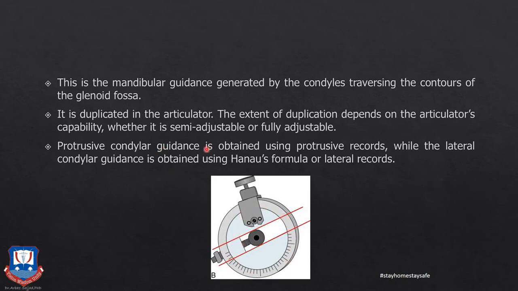Now, the protrusive condylar guidance is obtained when we obtain protrusive records from the patient, and lateral condylar guidance is obtained by using Hanau's formula, which was described in the previous lecture, or by using lateral records in articulators that accept the lateral records.